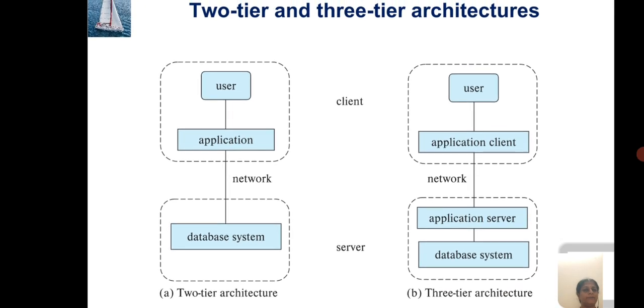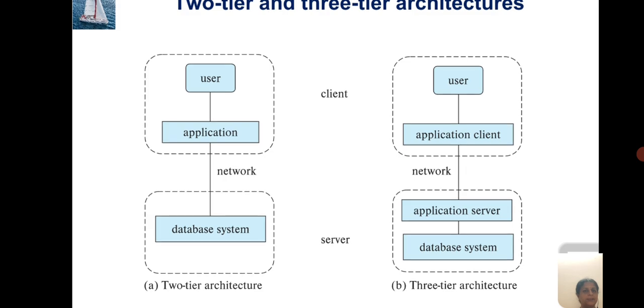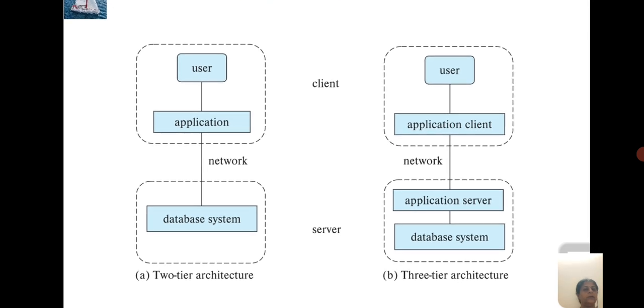On the left hand side, you have the two-tier architecture which has the client and the server. The client takes care of the user as well as the application, and it passes the calls or the queries through the network and it reaches the database system, that is the server, directly.